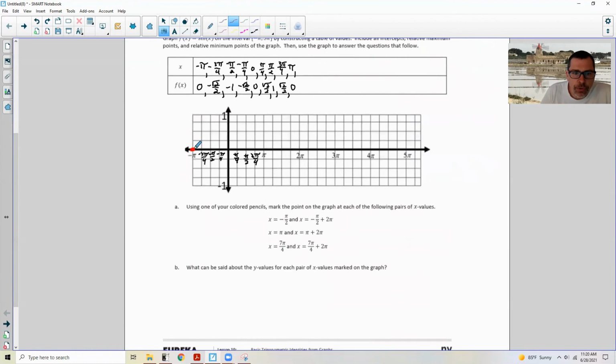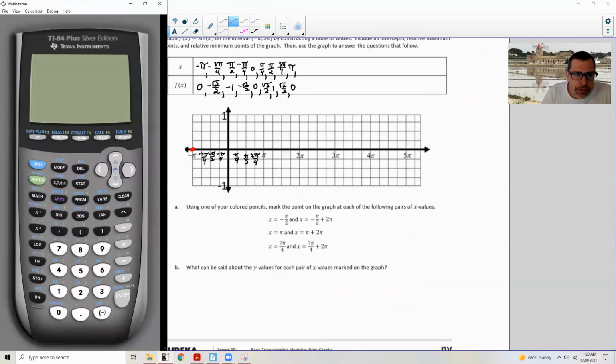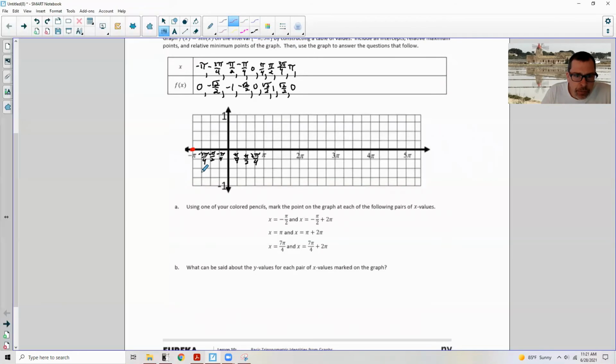Okay, so negative pi, 0. Negative 3 pi over 4, negative root 2 over 2, which, if I go into my calculator, negative root 2 over 2 equals negative 0.707. So negative 0.5 is here. We're down a little bit more.